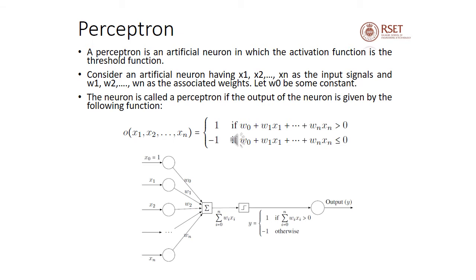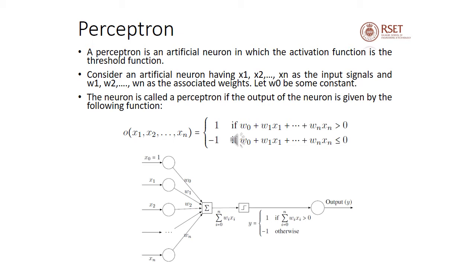In this slide, I'm going to explain the Perceptron network. Perceptron is one of the famous neural networks. A Perceptron is an artificial neuron in which the activation function is a threshold function. Consider an artificial neuron having x1, x2, up to xn as the input signals and w1, w2, up to wn as the associated weights, and w0 as the constant.